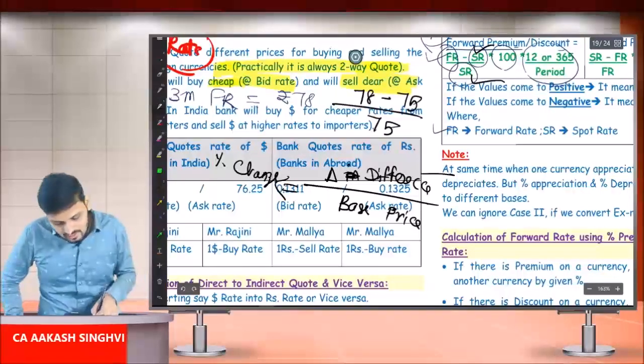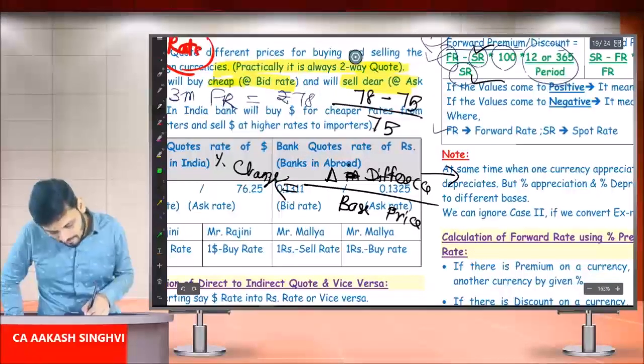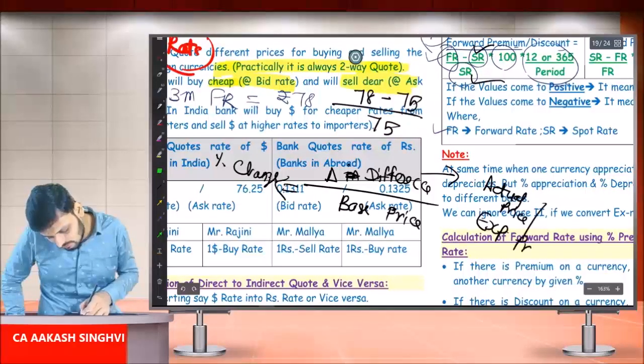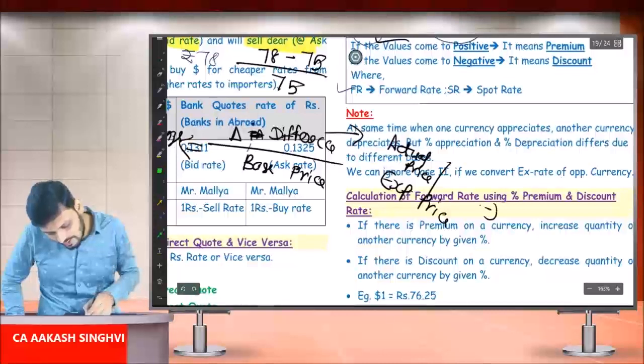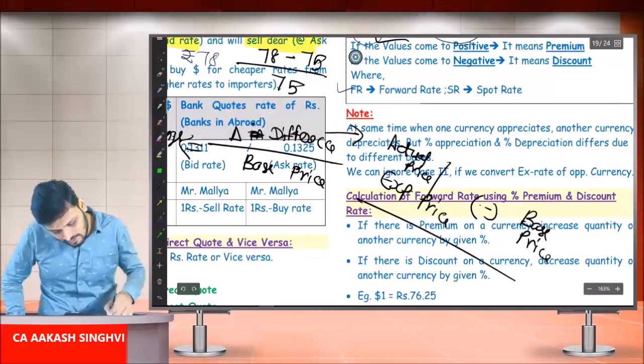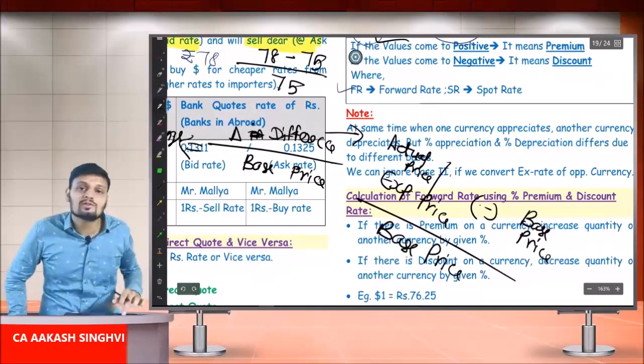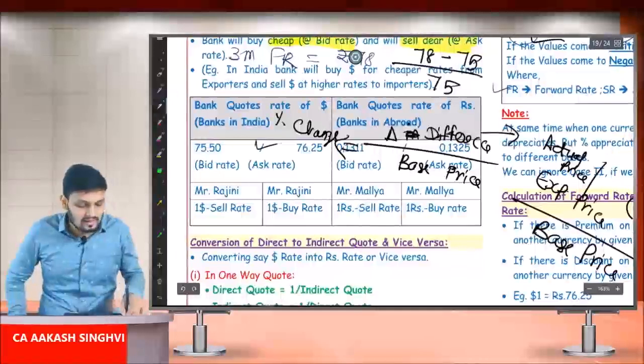Sir, what is the difference? The difference is nothing but the actual price or expected price minus base price, divided by base price. This will always give you the percentage change.